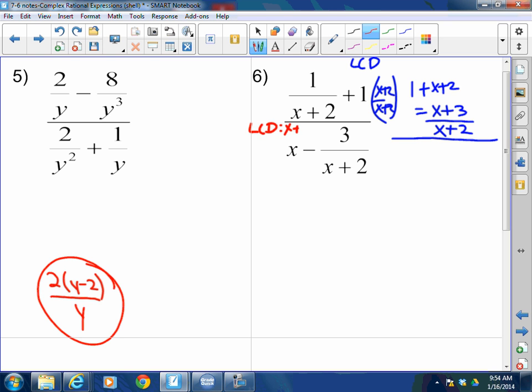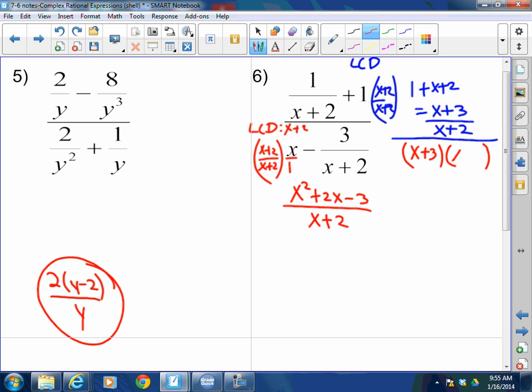X plus 2. So multiply an x plus 2 to both numerator and denominator. So that's going to give me x squared plus 2x minus 3 over x plus 2, which when factored is x plus 3 times x minus 1 over x plus 2.